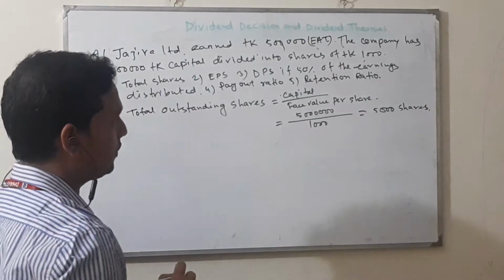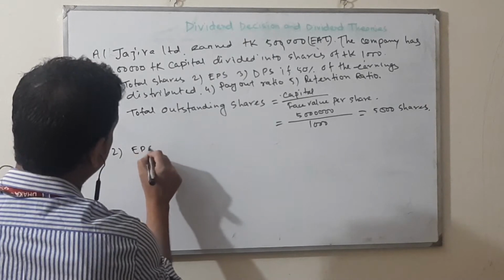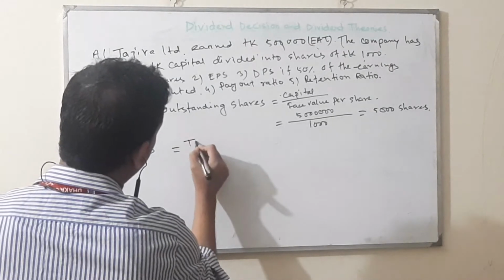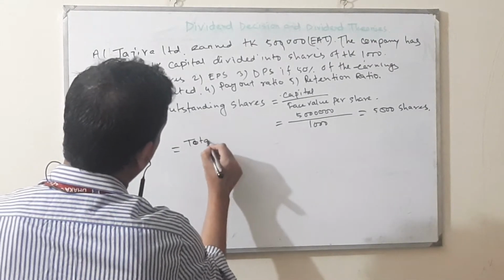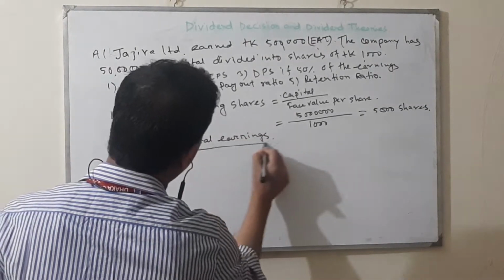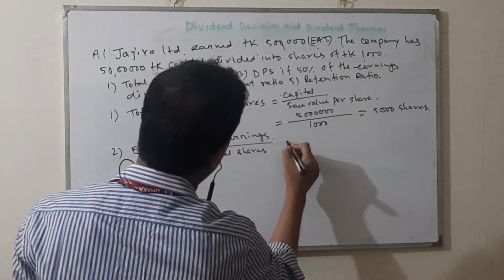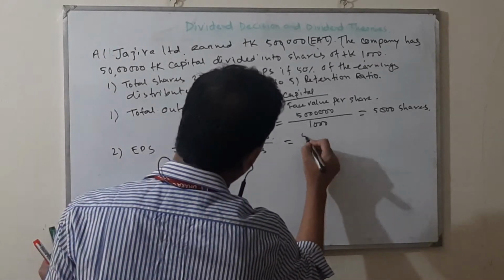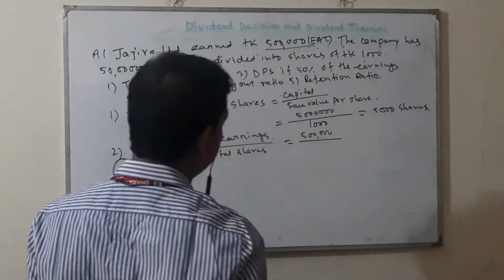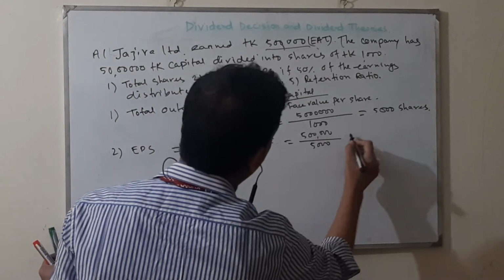Okay, 5000 shares. 2 is EPS, earning per share. Earning per share is total earnings divided by total shares. Total earnings is 5 lakh taka, total shares is 5000.